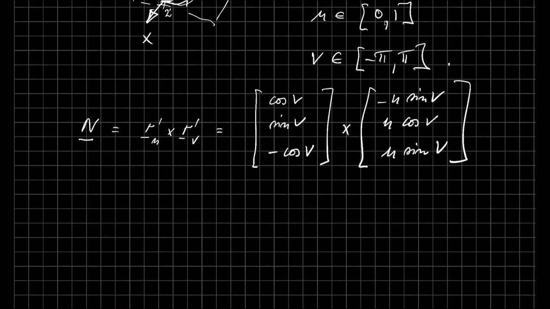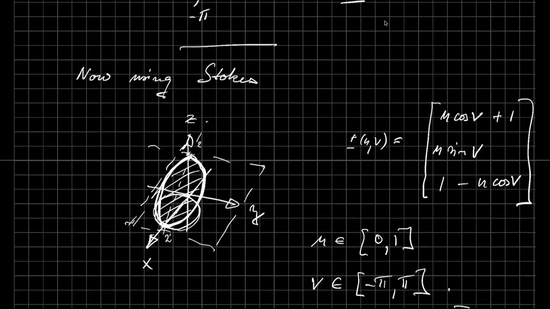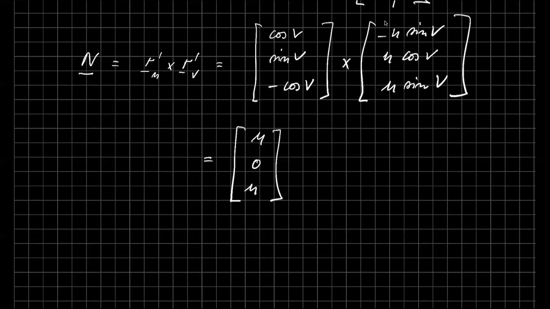When you calculate this, you get u, 0, u. If you want to look at the direction, let me draw this in red. You get that it is pointing in this direction here. So this will be the normal vector.